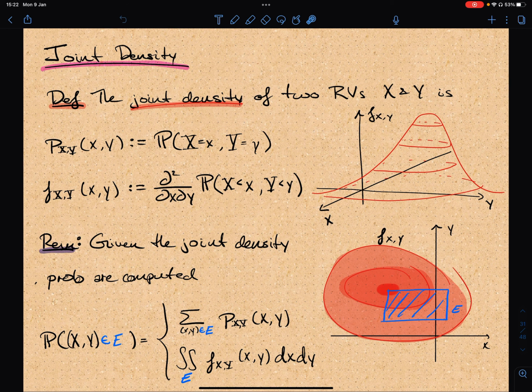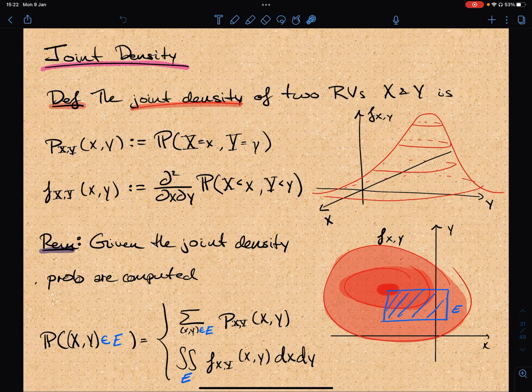So in here, we have two cases for the joint density or the joint distribution for two random variables. For the discrete case, we have this probability distribution. So in the discrete case, we call it probability distribution, and in the continuous case, we have the probability density. And here, the probability distribution in the discrete case is just defined to be the probability function on the two events that x is equal to x and y is equal to y.